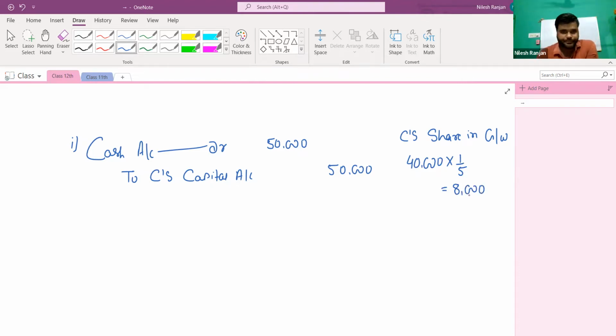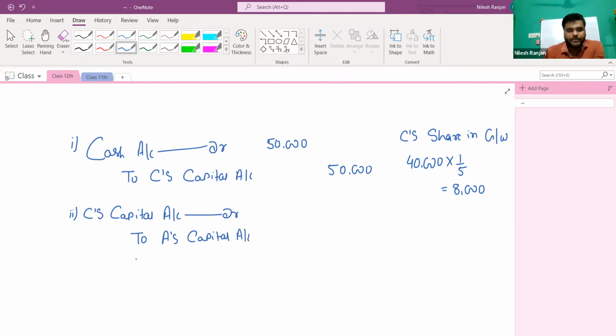Is this clear? Yes, sir. Now he has to bring the 8,000 as his goodwill, but he did not bring the goodwill part. That's why the old partner will deduct the goodwill from his capital, to A capital and to B capital.